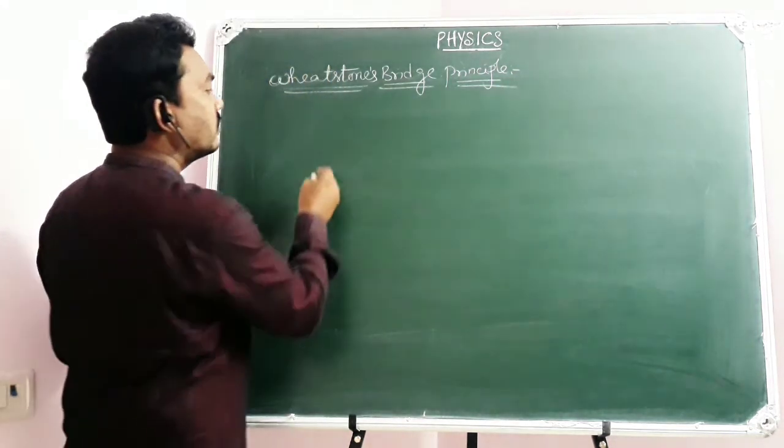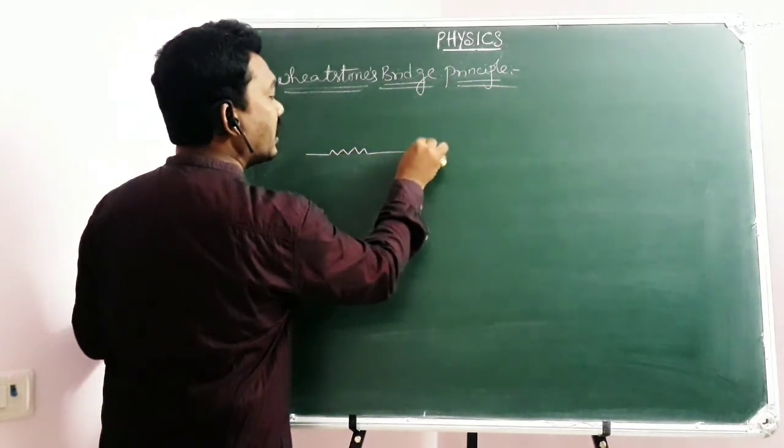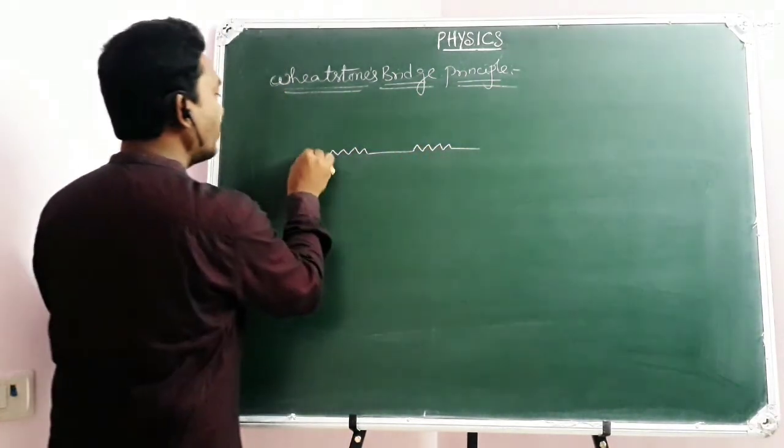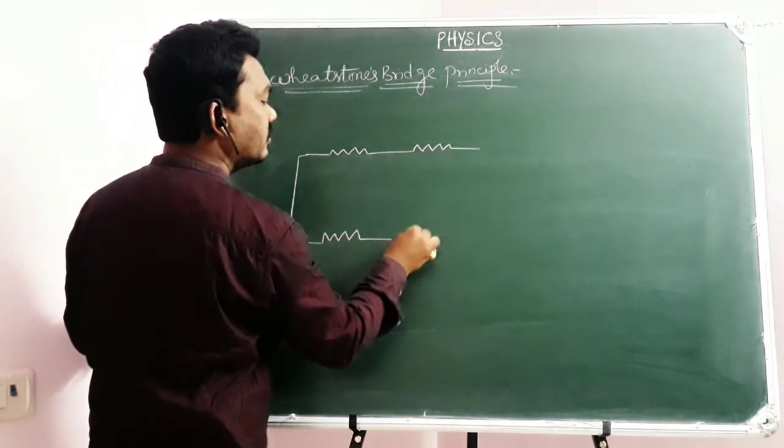So here, first of all, there are four resistors connected in this way across a cell or battery.